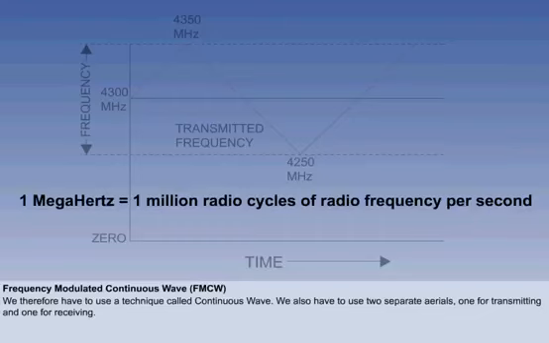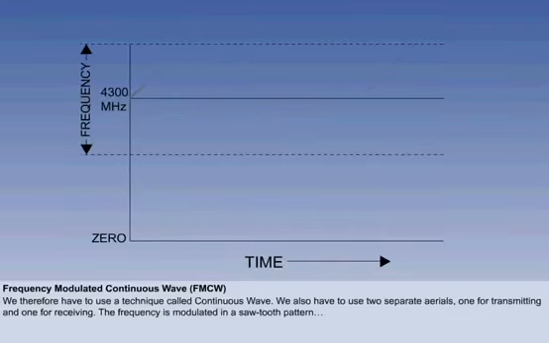The basic frequency is varied in what is called a sawtooth pattern. It starts at 4,300 MHz, then increases linearly with time up to 4,350. Then immediately reverses direction and decreases linearly to 4,250. Then again reverses immediately to increase linearly back to the center frequency of 4,300 MHz again.